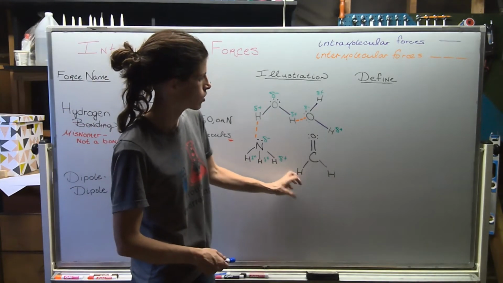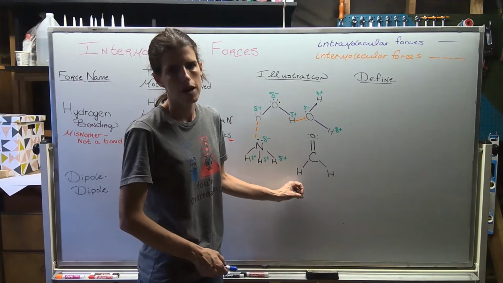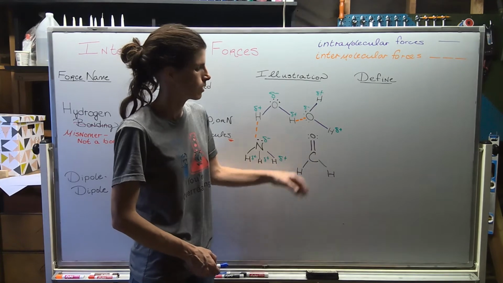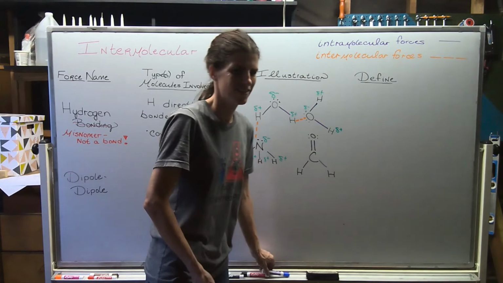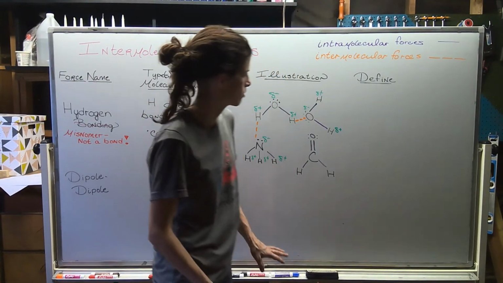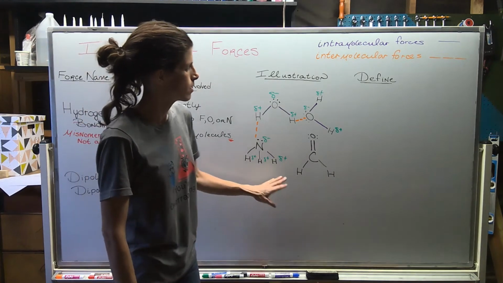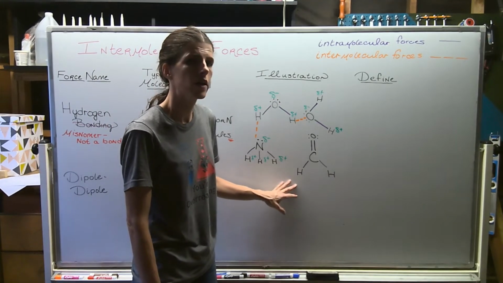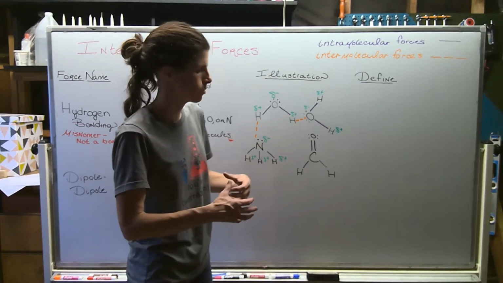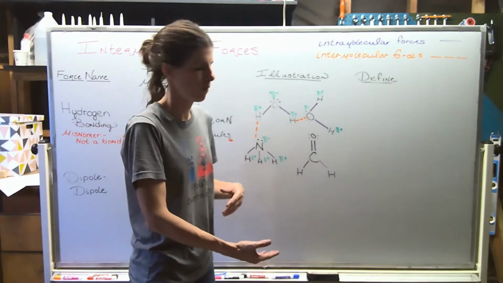These hydrogens are not electropositive enough because they're not directly attached to the phone. That means in a pure solution of formaldehyde, we're not going to see hydrogen bonding with other molecules of formaldehyde.